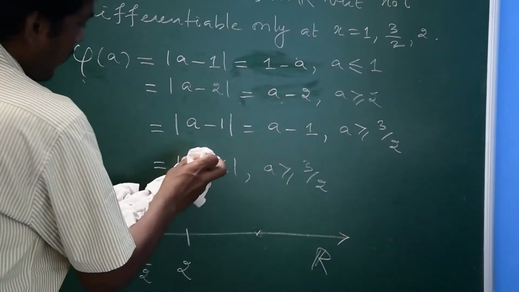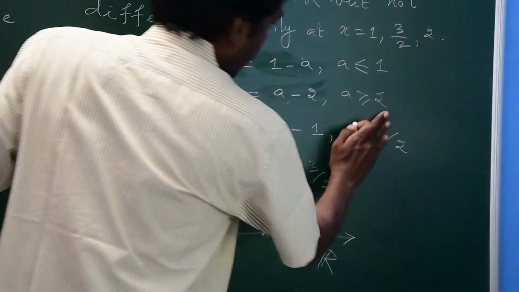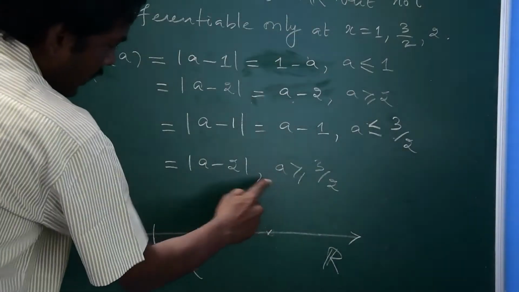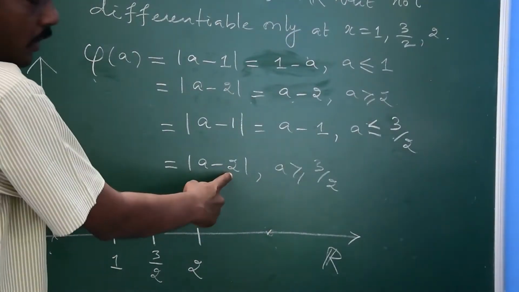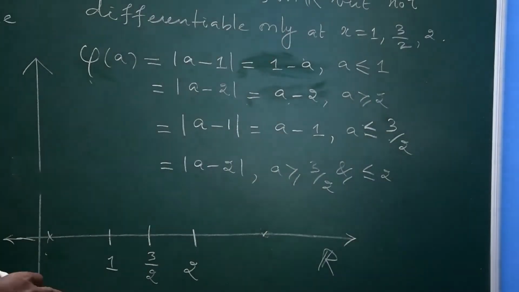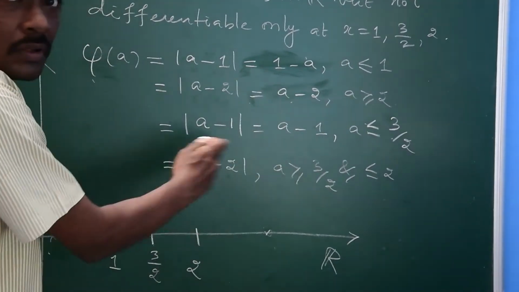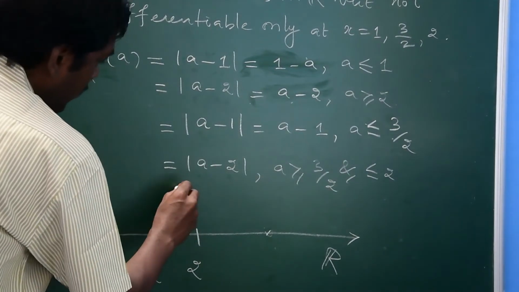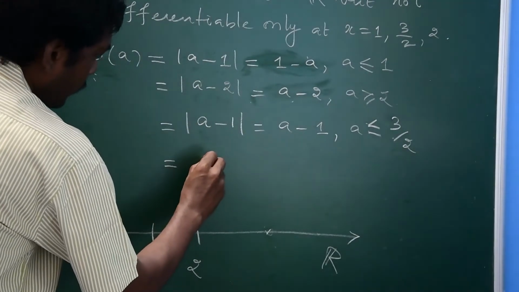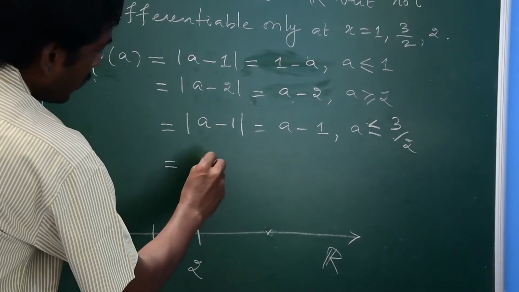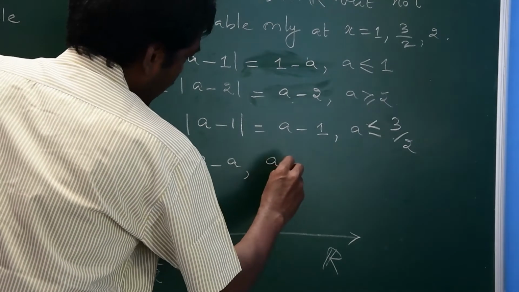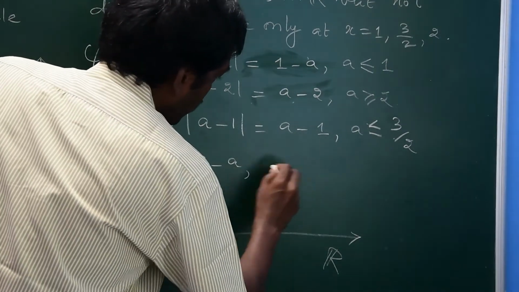So we are settling down the mod function. When a is greater than or equal to 3 by 2 and less than or equal to 2, this is going to be negative, and the value is 2 minus a.